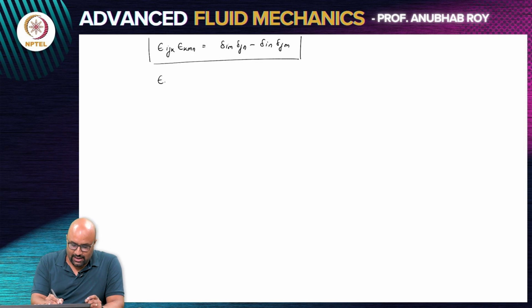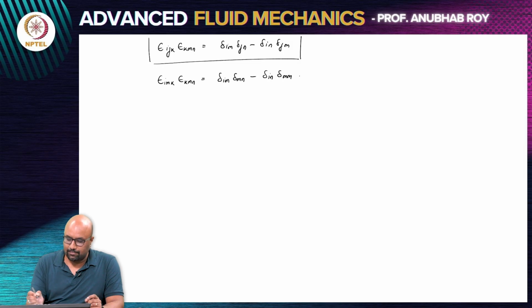If I now say that j is equal to m, so epsilon imk epsilon kmn. The only change I need to do is I need to change wherever I have a j to an m, and this becomes mm.